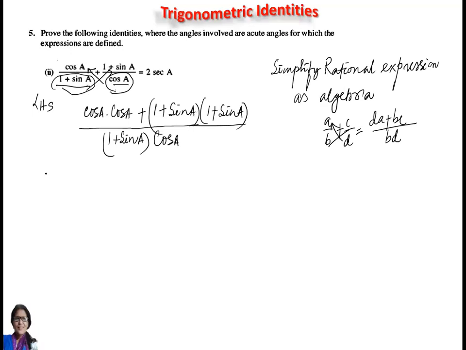I'll simplify now. Cos A into cos A, cos square A. We can write this as cos A whole square, meaning the same.